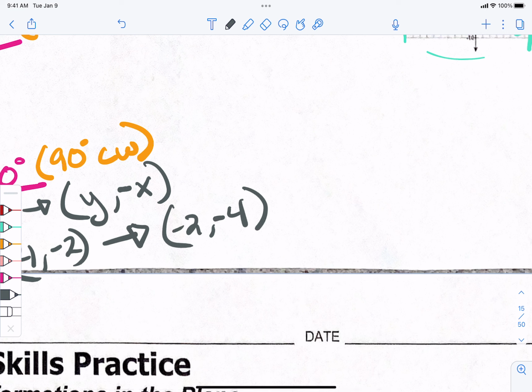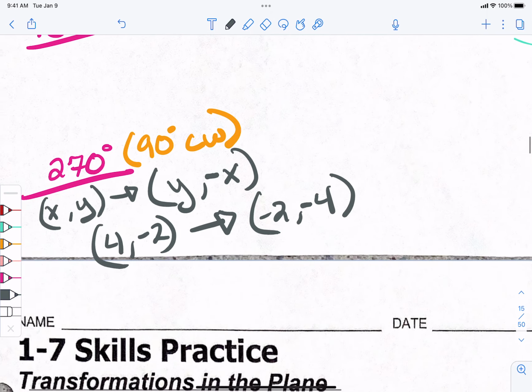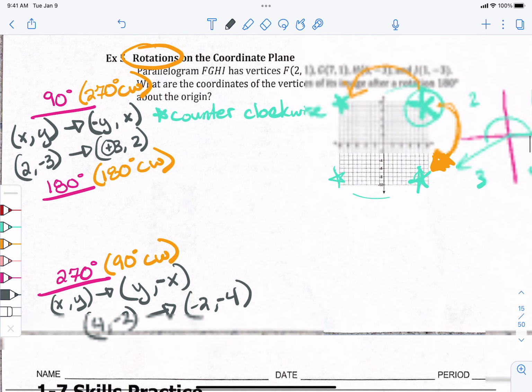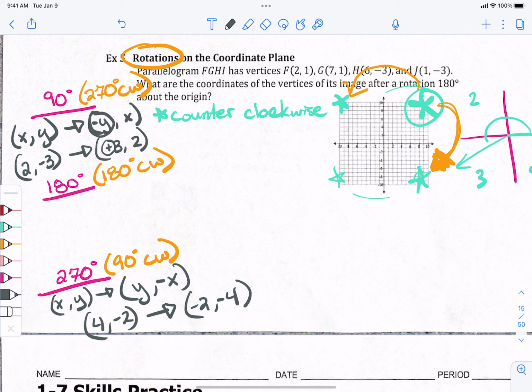You would strap a negative now onto the 4. Does that make sense? That's how that would change, okay? So they trade, and for 90 the first one becomes negative, for 270 the second one becomes negative. Now, how do you remember that? 90 comes before 270. So this is the first coordinate becoming negative, this is the second coordinate becoming negative. Does that make sense? Okay, first one, second one.